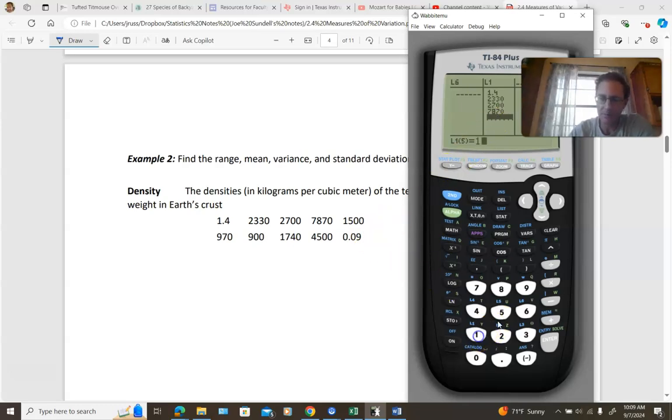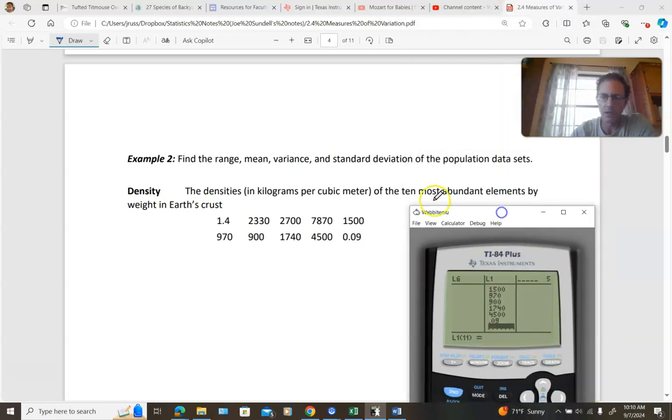When students tell me that they did everything right but their answer is wrong, I typically believe it's because they erroneously input a value. All right, 4,500, and then 0.09. Okay, so I've got my data in there.